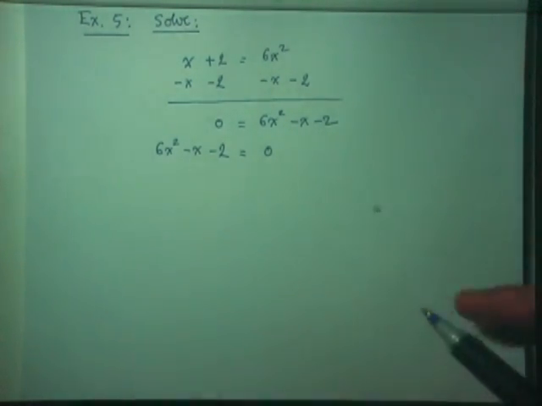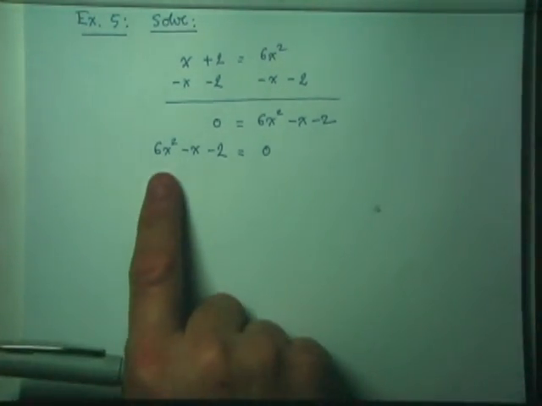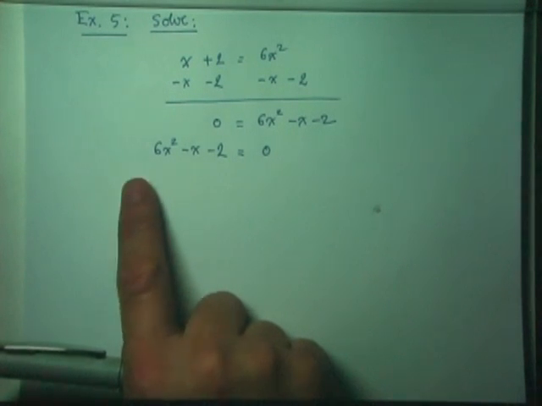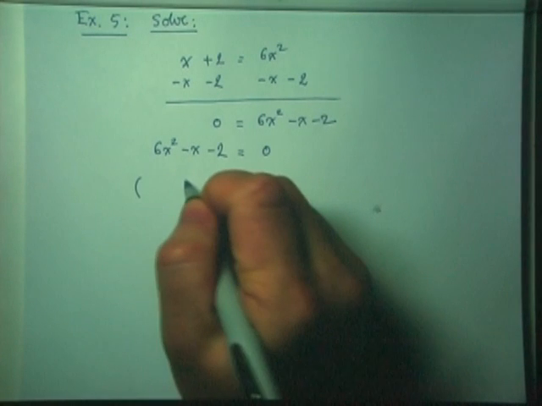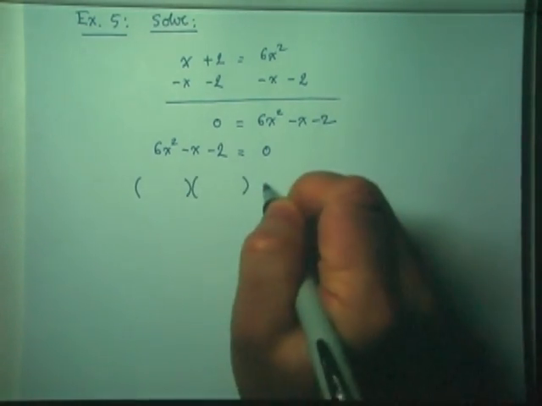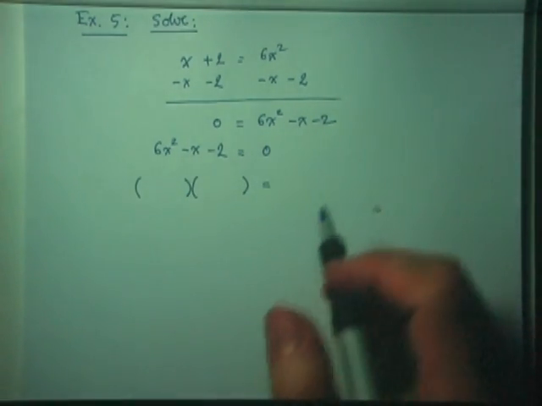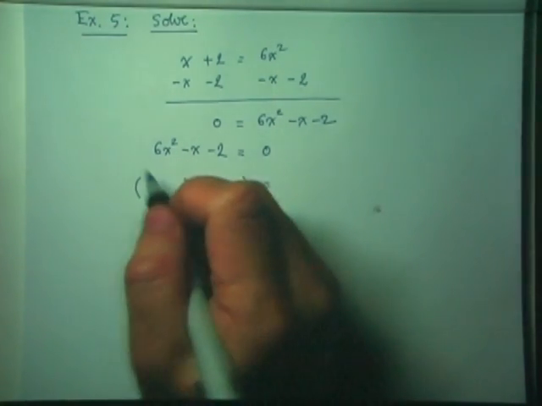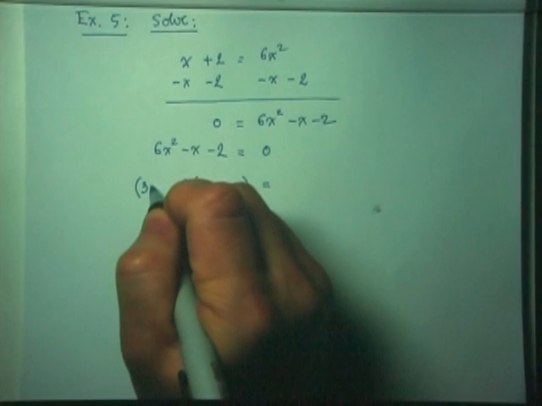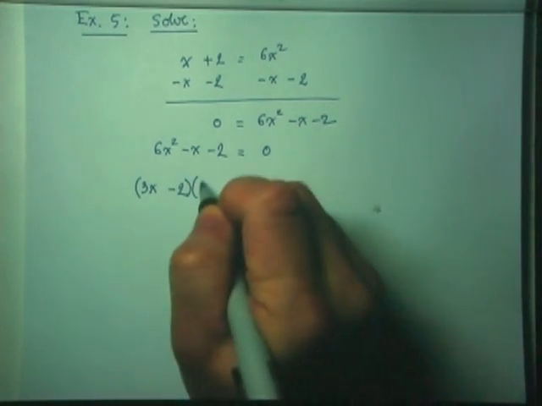So now it makes it a little easier to understand about the equation, isn't it? And so at this point, once again, we have another equation similar to what we had earlier, leading coefficient other than 1. So to factor this, once again, I encourage you to look back into the video lessons where I showed you how to do factoring with these quadratic expressions. Now, I would have to do 3x minus 2 and 2x plus 1.